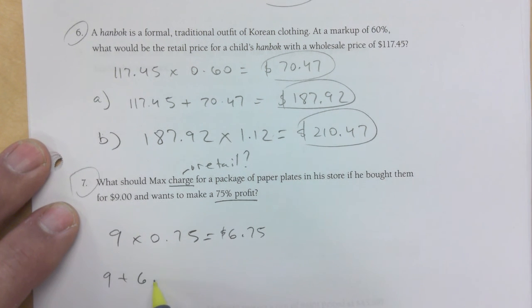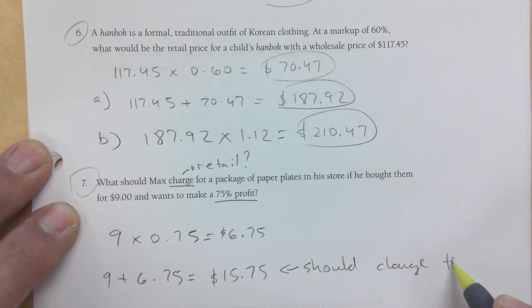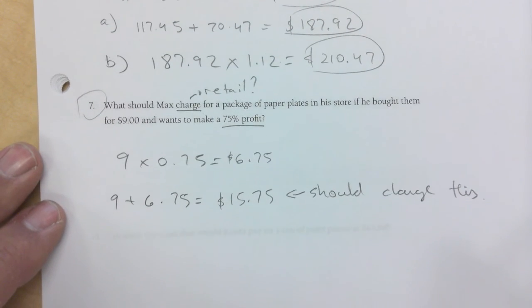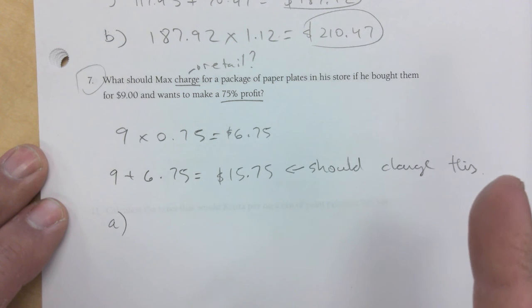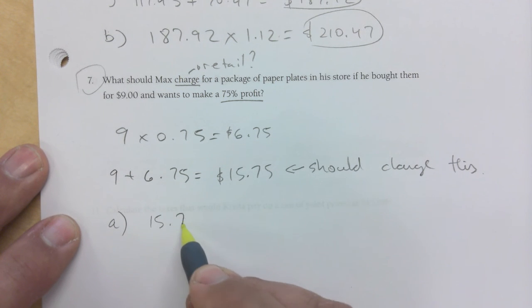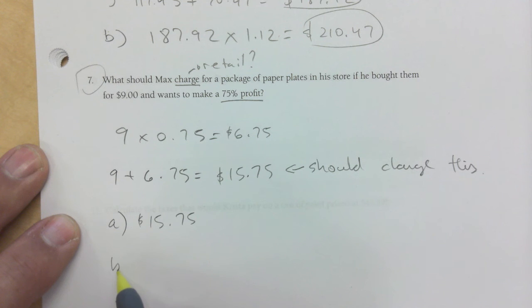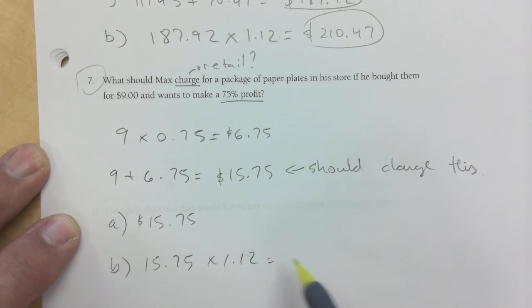So it's 9 plus 675, 1575. You should charge 1575. We're still going to answer A and B like I told you up there. Retail is 1575 and B is 1575 times 1.12, and that is 1764.